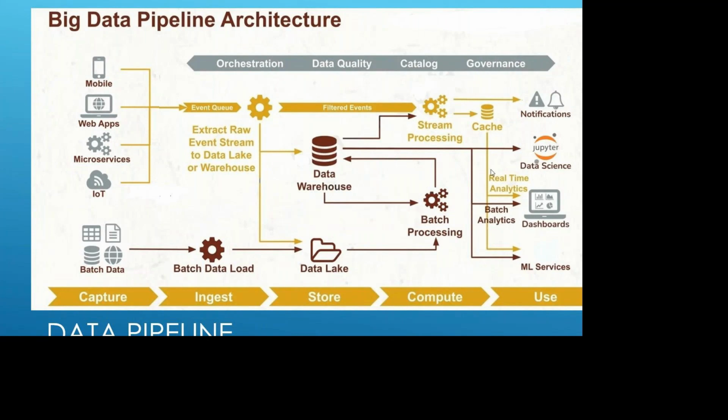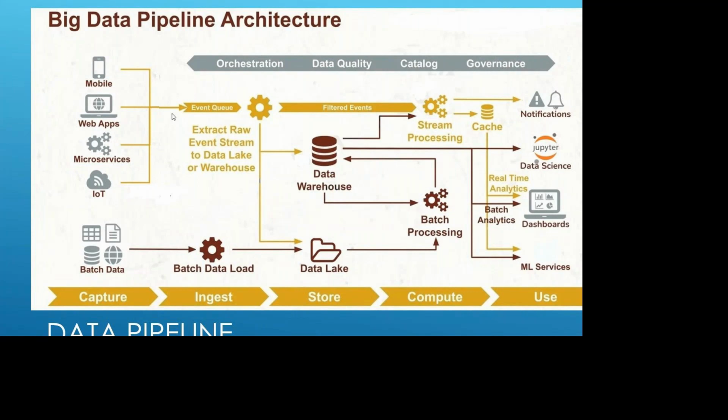Building this entire orchestration is the job of a data engineer. It contains orchestration, data quality, data catalogs, and data governance techniques. We need to apply all those practices. So this is a basic data pipeline architecture.